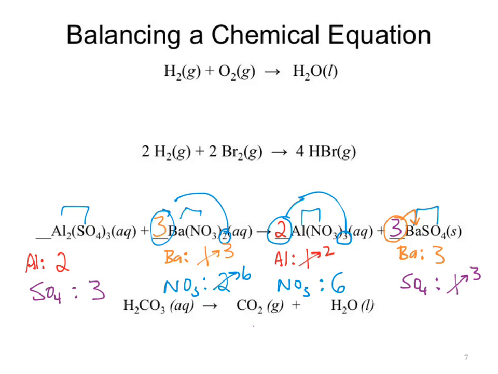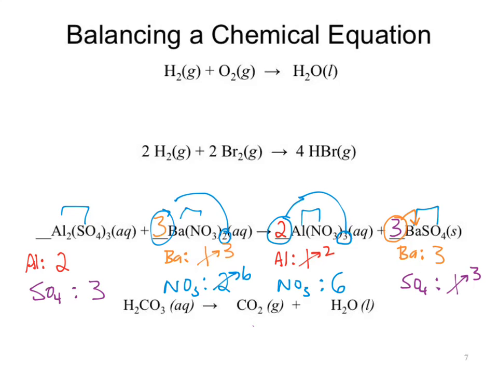Nitrate, reactant side, 6. Nitrate, product side, 6. Yes, I'm bouncing back and forth between different sides. Doesn't matter. It's balanced. It doesn't matter which side we look at. They're the same either direction. All right? What should we do now? Check it again. Cool. I'm not going to check it again. You guys can check it again.